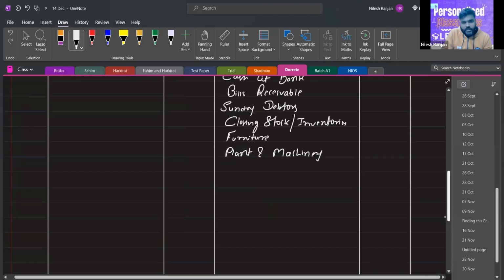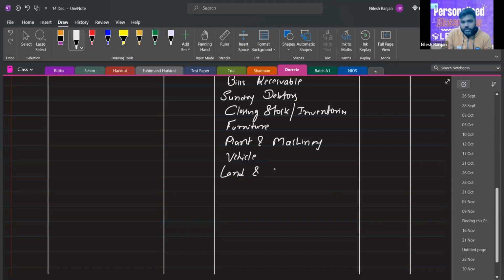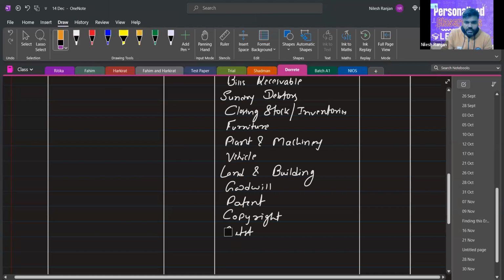If there is any vehicle, then land and building, goodwill, patent, copyright. And after that, there are some items like accrued income and advance expenses or prepaid expenses.